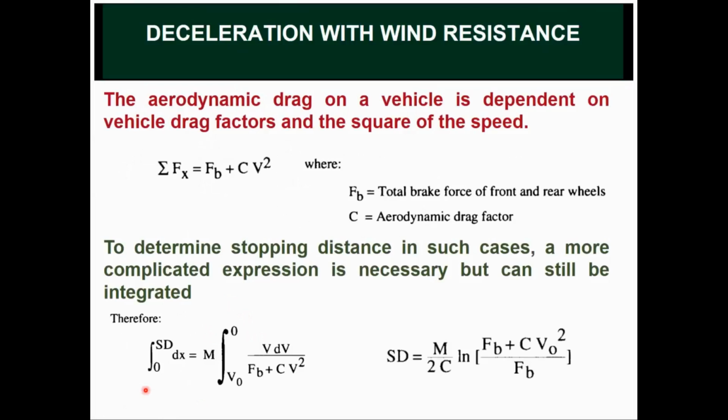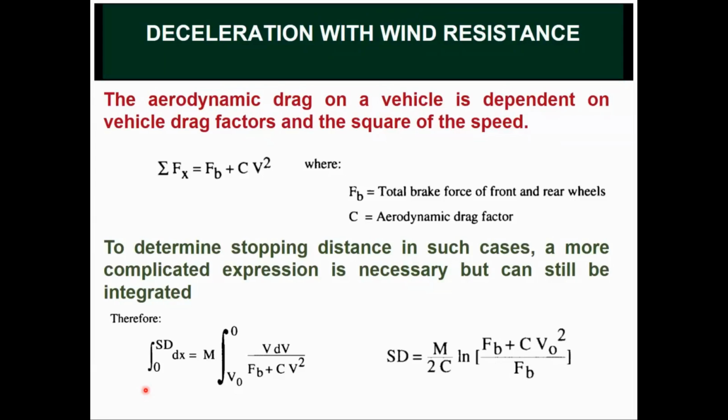Okay, before this we learn about constant deceleration. Okay, so this subchapter kita tengok kepada deceleration with wind resistance. Okay, the aerodynamic drag on a vehicle is dependent on the vehicle drag factors and the square of the speed.